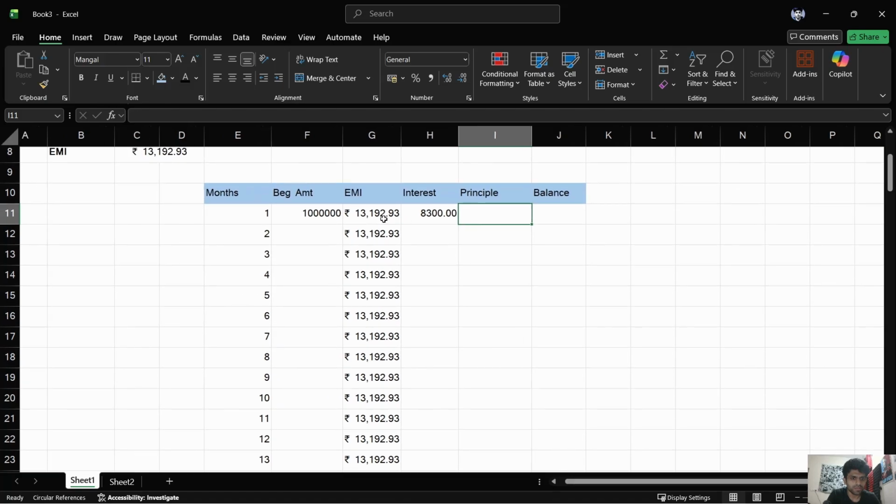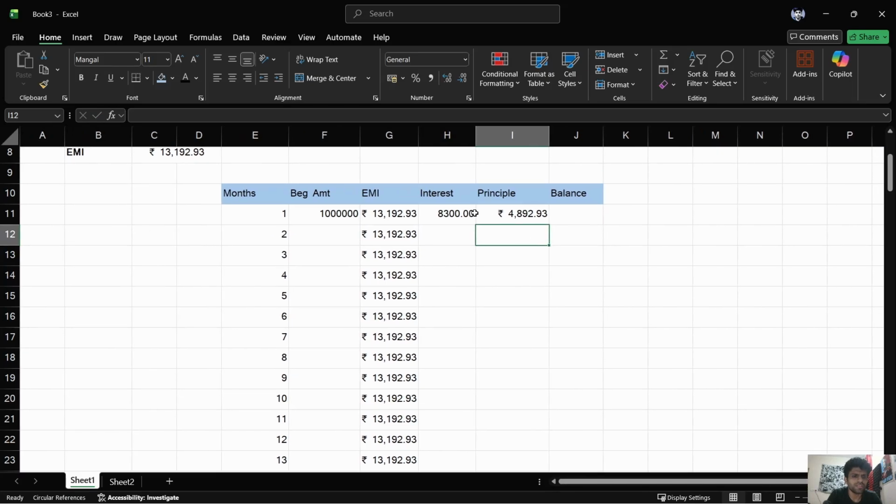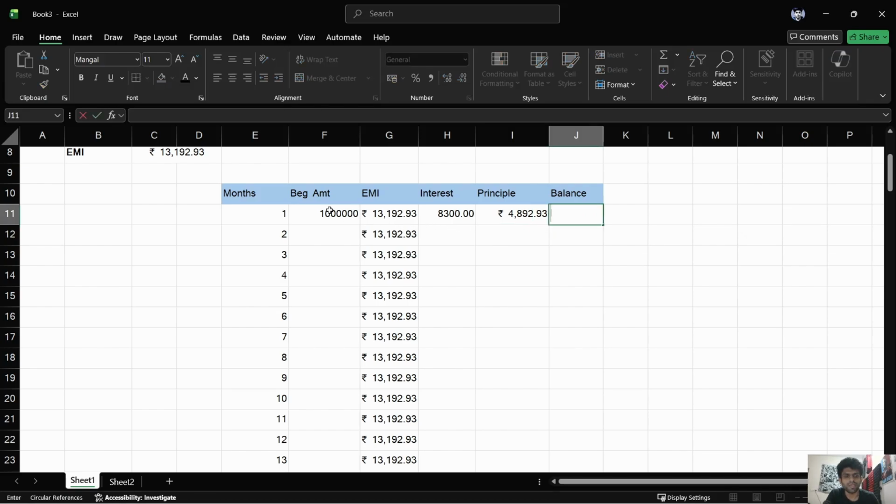The principal. Here we will do EMI minus interest. Now this is the principal amount which we are paying in the EMI of 13,192. And for the balance, we'll be deducting the principal from the beginning amount.